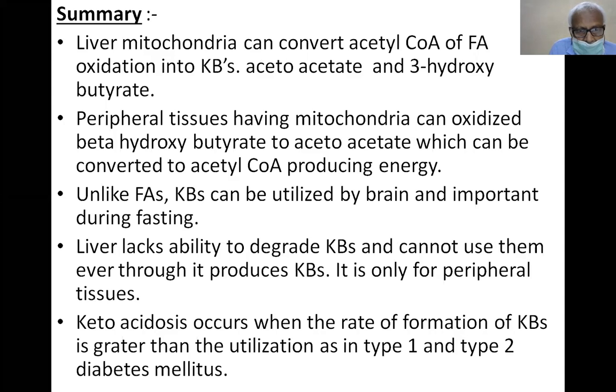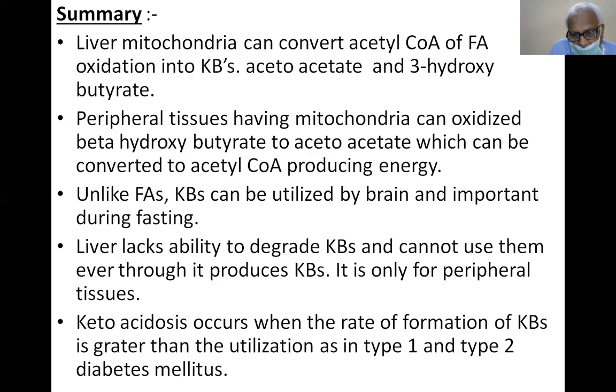Unlike fatty acids, ketone bodies can be utilized by brain and important during fasting stages. Liver lacks ability to degrade ketone bodies and cannot use them even though it produces ketone bodies. It's only for peripheral tissues to utilize ketone bodies.